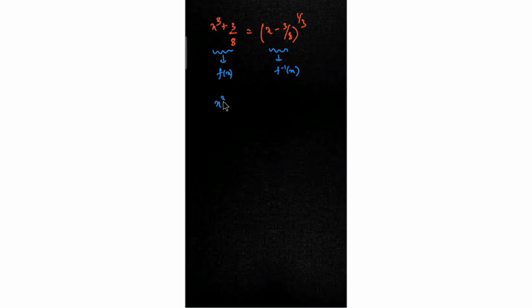If I assume my x cube plus 3 by 8 as some y, so I get x cube is equal to y minus 3 by 8. So that I get x is equal to (y minus 3 by 8) whole power 1 by 3. Because this is inverse, I can put y is equal to (x minus 3 by 8) whole power 1 by 3, and yes it is. So that means this function is the inverse of f of x.